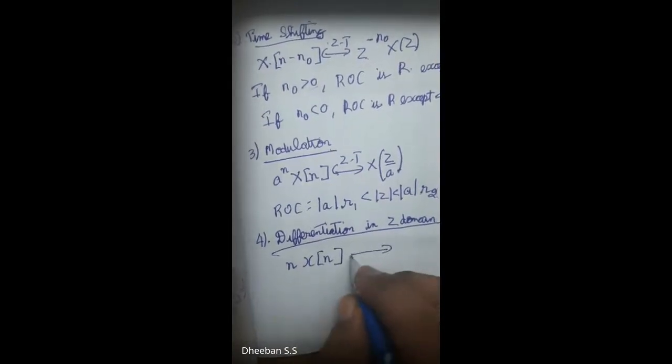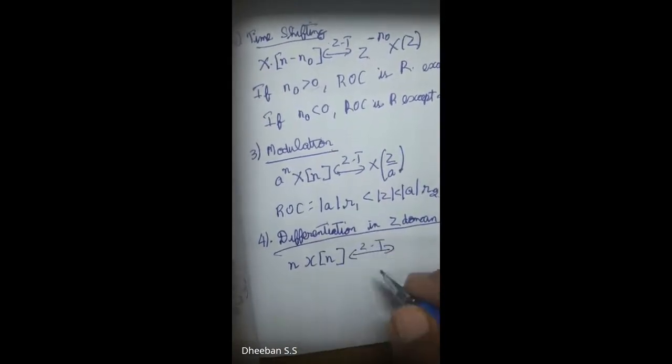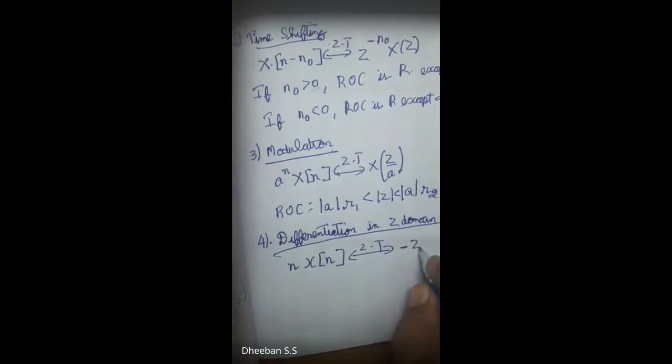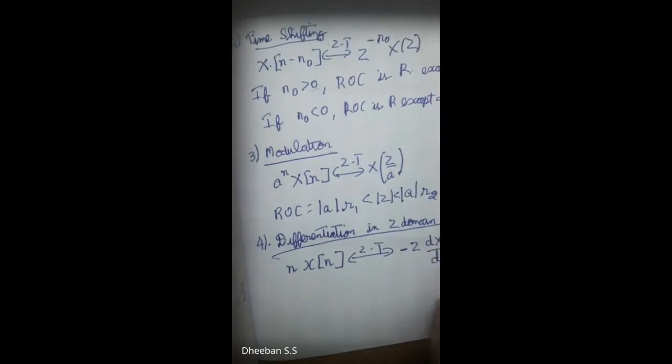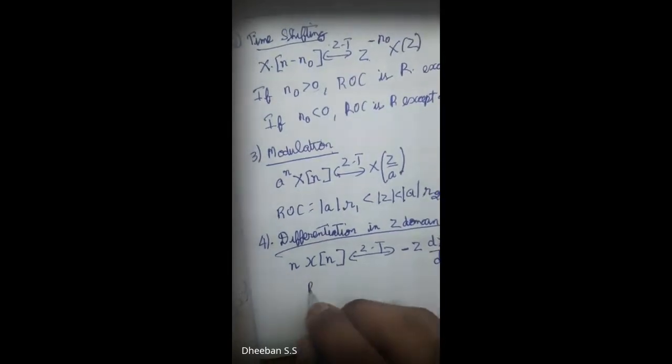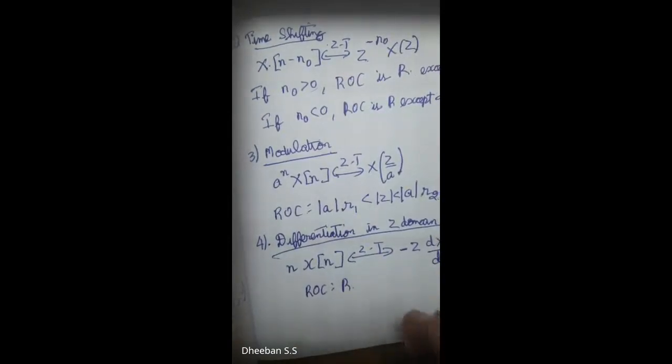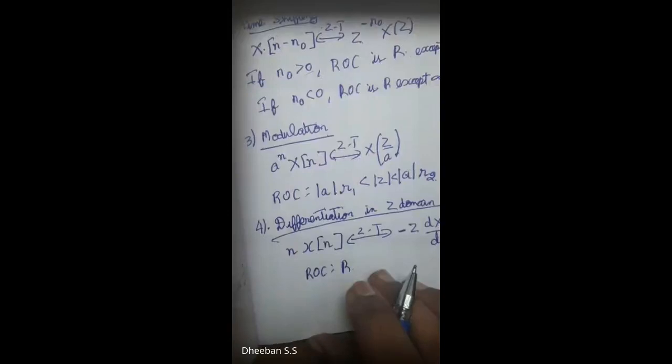We take the z transform. As you know from the Laplace transform, we put minus z dX of z by dz. So here the ROC is the same region R.